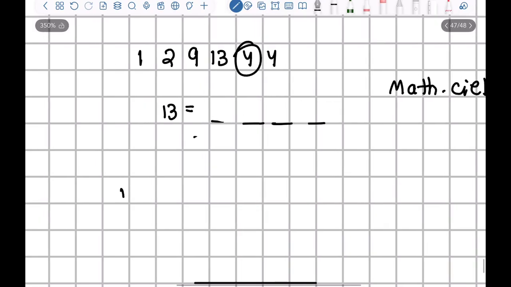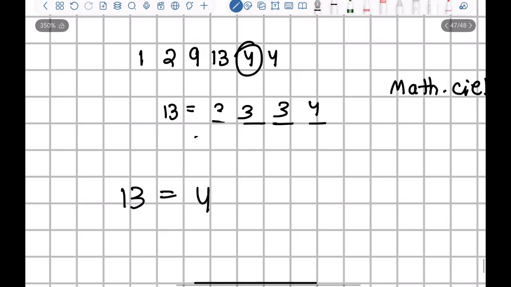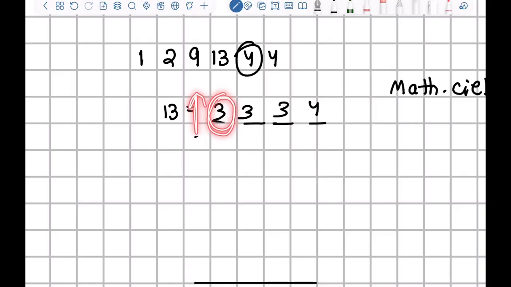We could have broken down 13 into 4 3 3 3. Is this right? Yeah, this is right. Anyways, so here our minimum number is the maximum.